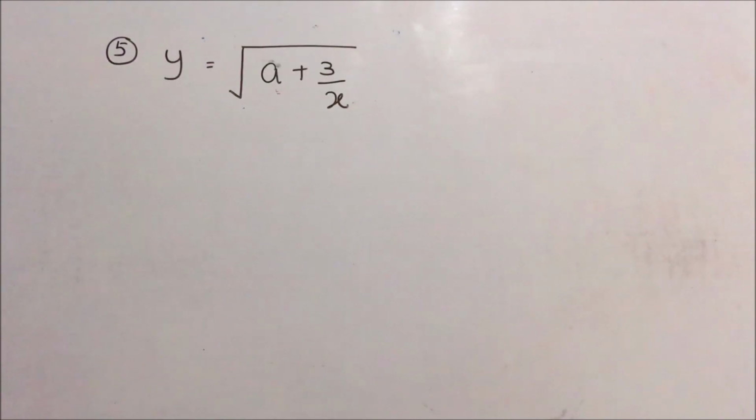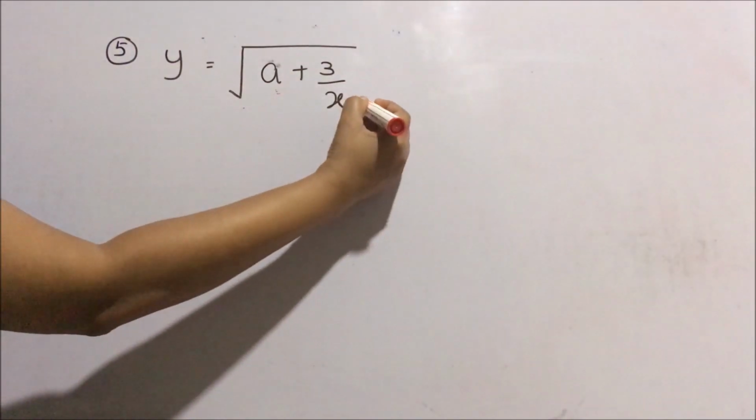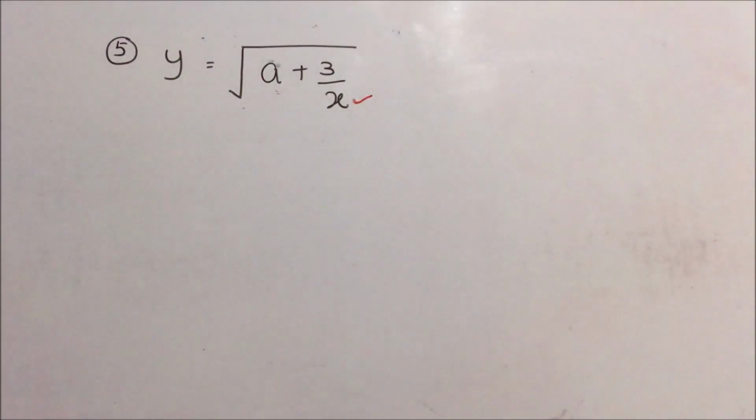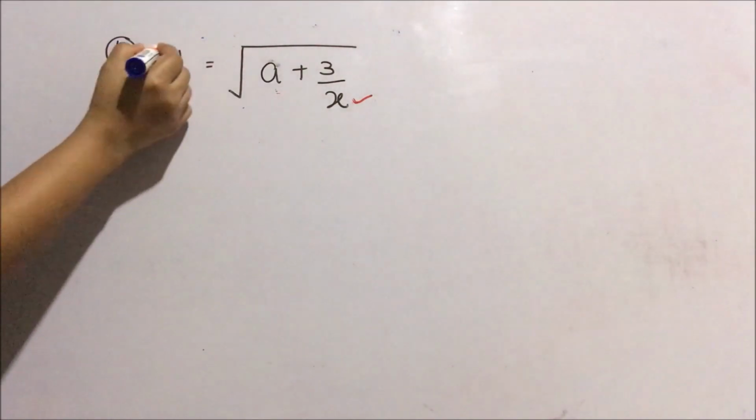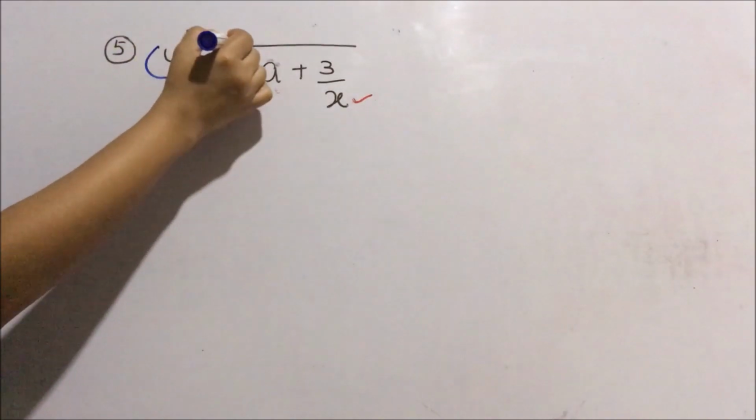Y equals the square root of a plus 3 over x. In this formula, I am going to make x the subject of the formula. For that, we need to move everything away from x until x is by itself. To get rid of this square root, I am going to square both sides.